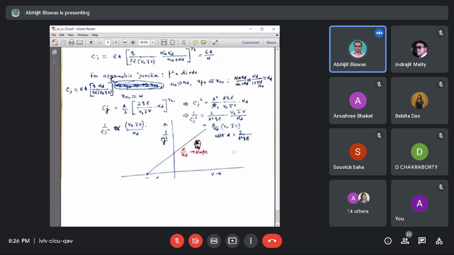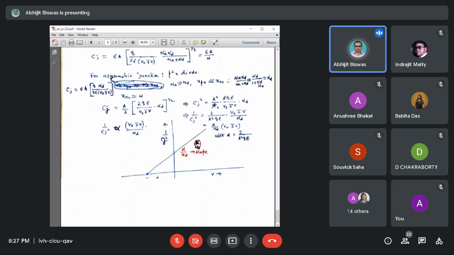If you do some algebraic manipulation, you can get 1 upon Cj square. This 1 upon the junction capacitance square is equal to alpha Nd into V0 minus plus V. So this 1 upon Cj square and the applied voltage V bear a linear relationship.